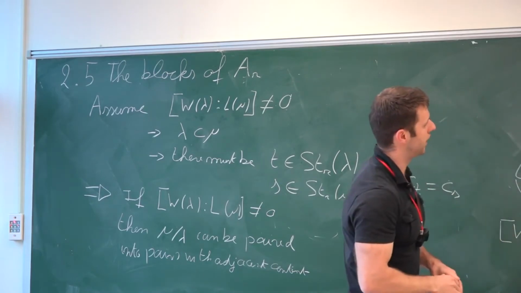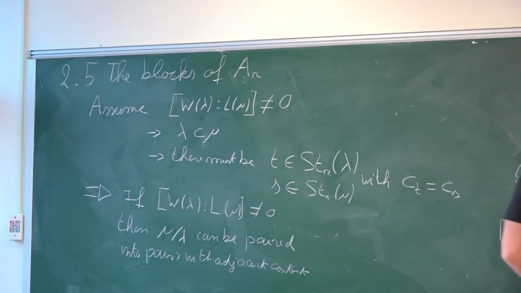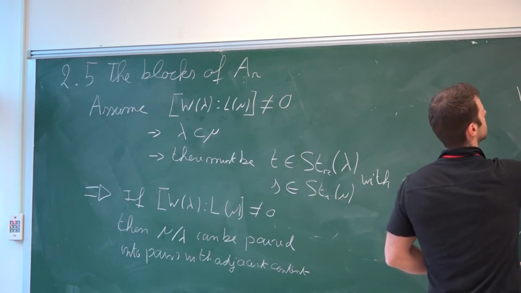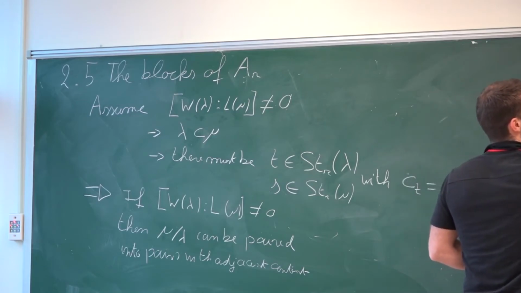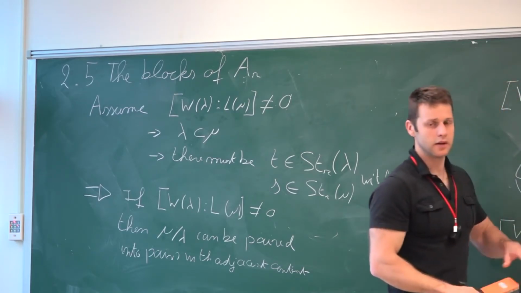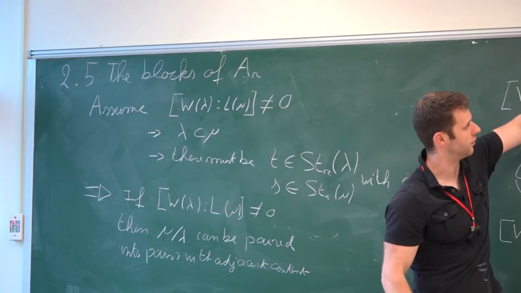So for instance, I could apply that here to get the answer straight away that this one must be 0. Because here I have content 0, 1 and minus 1. So if I leave out that one, I get 1 and minus 1.